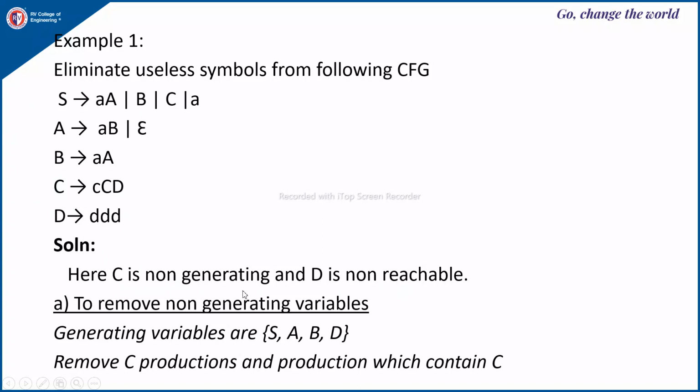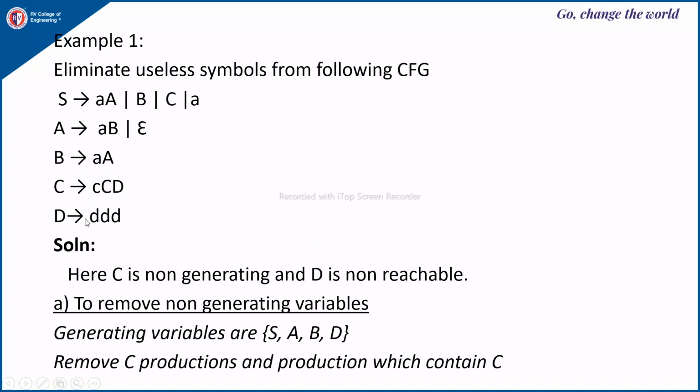You can observe that C derives C D. If you apply C again you will get the same, but you will not be able to terminate this C. D you can replace, but this production of C does not have any terminal symbols alone. So C is a non-generating variable.